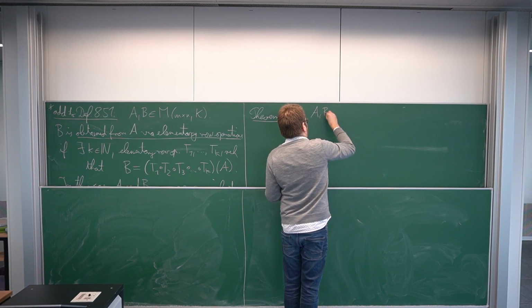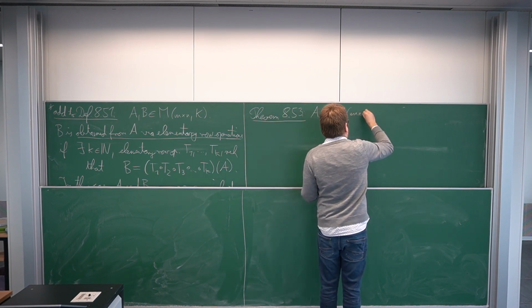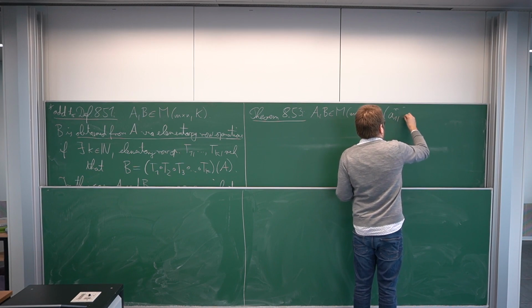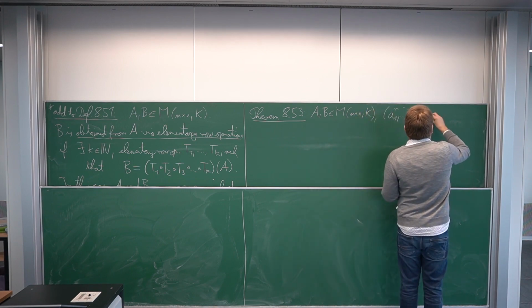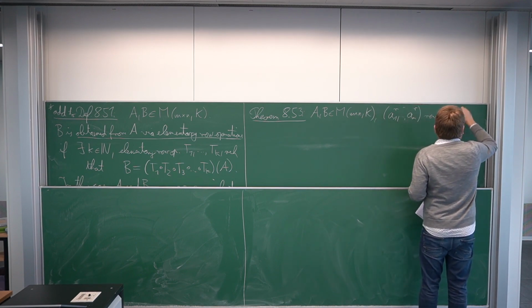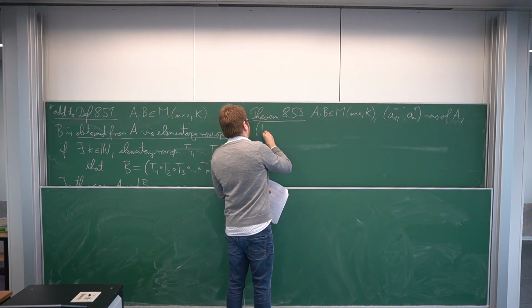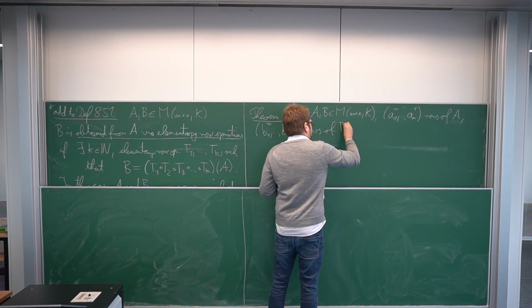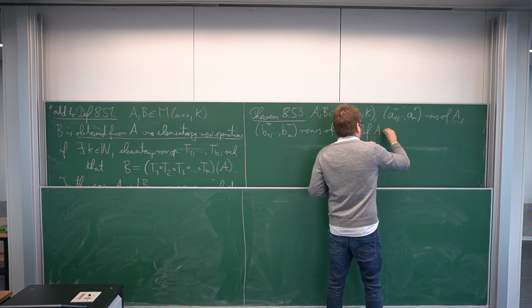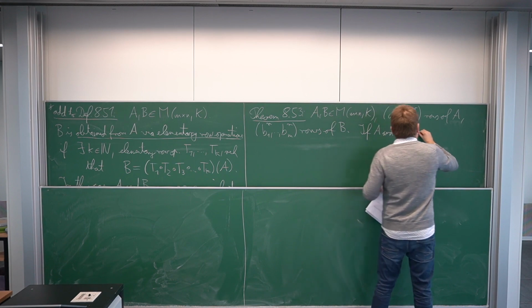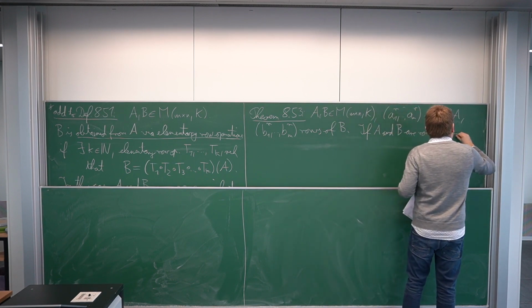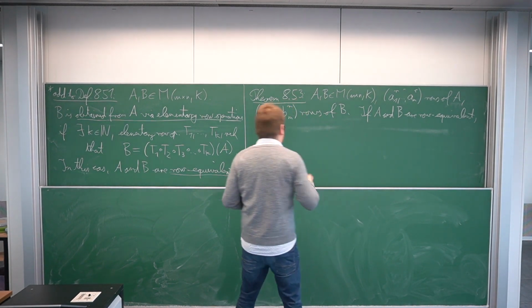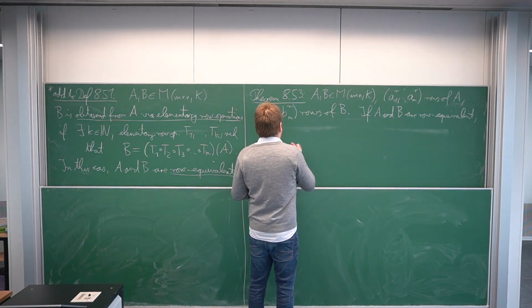So A and B are M by N matrices with values in the same field K. So we let A1R to AMR be the row vectors of A, and we let B1R to BMR be the row vectors of B. Now, if A and B are row equivalent, then, and this is what I argued for the three types of elementary row operations individually, they don't change the span of the row vectors.